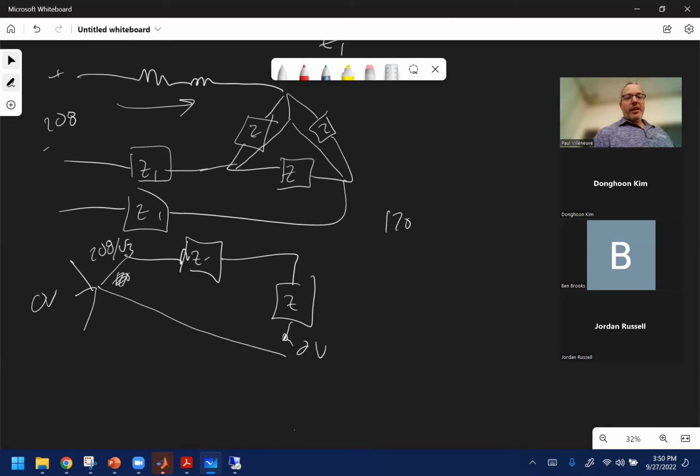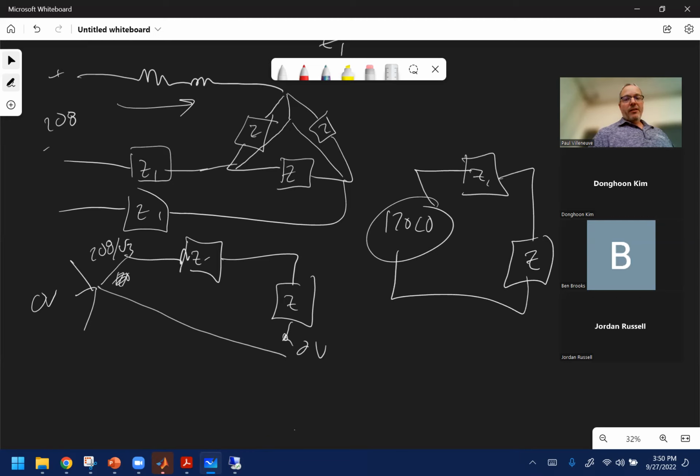I had 120 at an angle of 0, then I went to my line impedance, and I went to my load. Calculate that current. And in the line, there's only one line current, that's the same exact current. So you just had to do a delta-Y conversion. And remember, Z Y times 3 equals Z delta when they're all balanced.